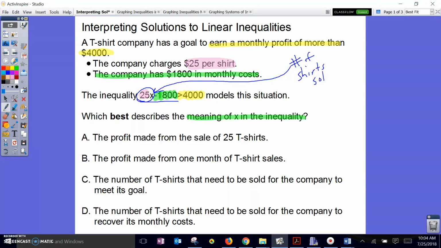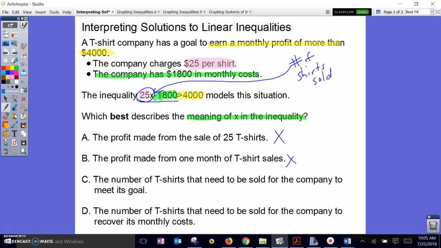So x represents the number of shirts sold. And so we can eliminate A and B as options because neither of those deal with the variable x being the number of shirts sold. So we're down to C and D as possibilities.